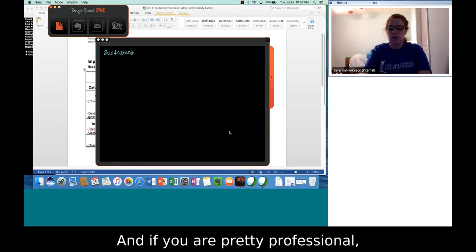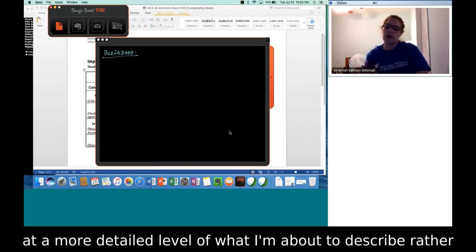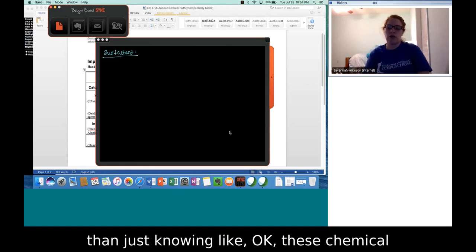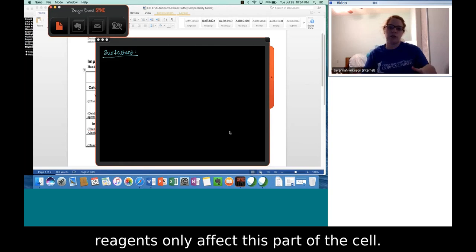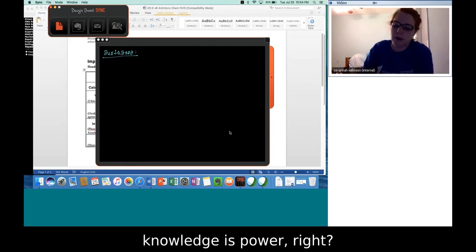If you are pre-professional, then I recommend that you know these at a more detailed level, rather than just knowing that these chemical reagents only affect this part of the cell. The more you know, the better, because after all, knowledge is power, right?